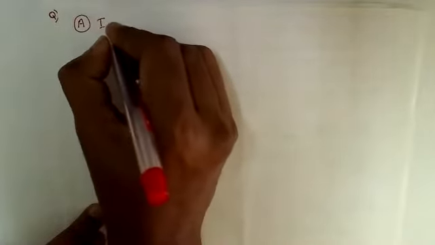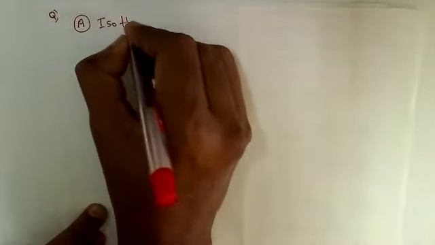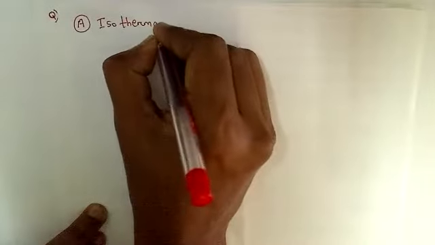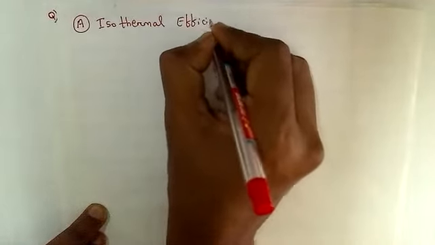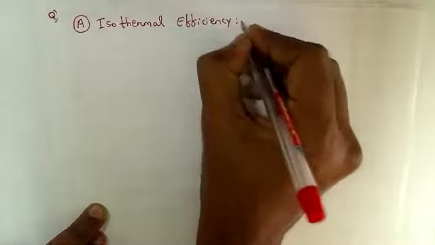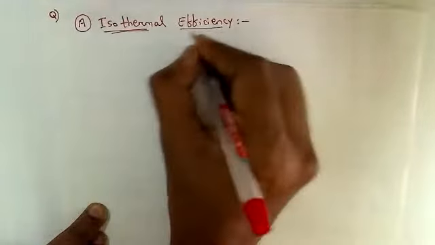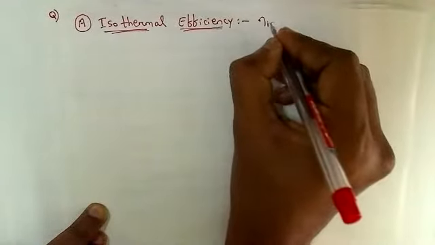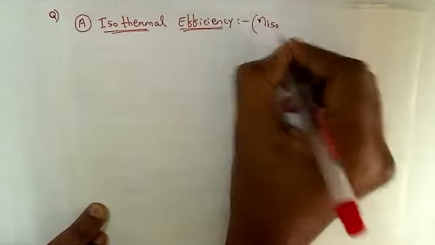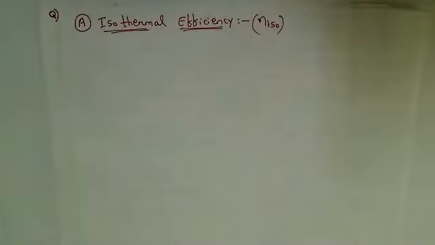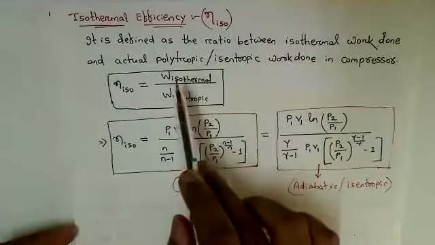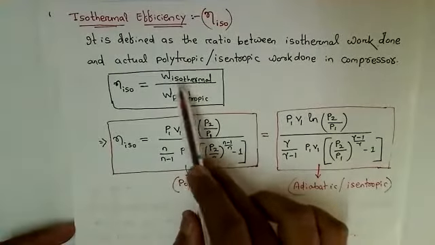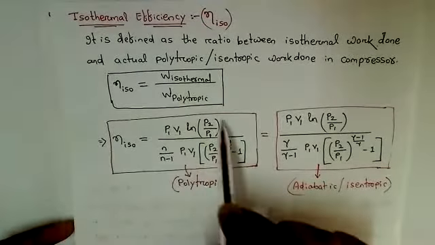First point, we have to calculate isothermal efficiency. This is our first aim, that is eta iso. For isothermal efficiency, what formula did I tell you? First, we calculate the isothermal work done by applying this formula.